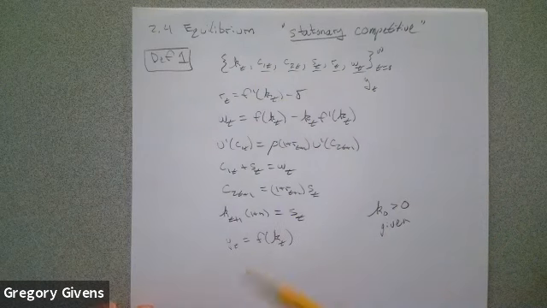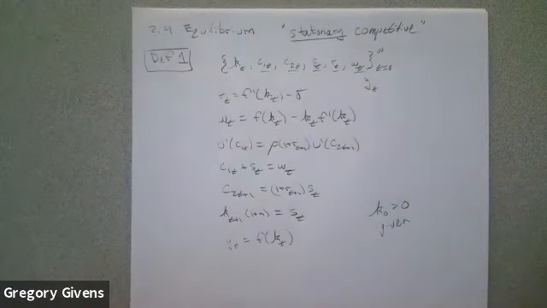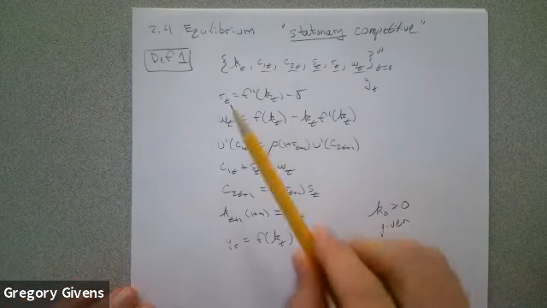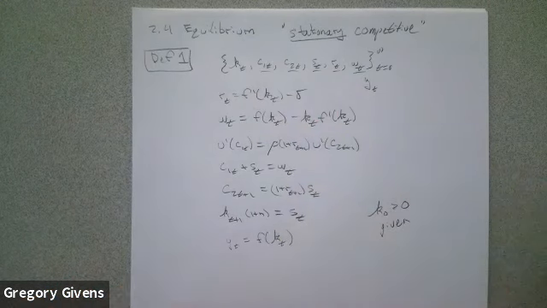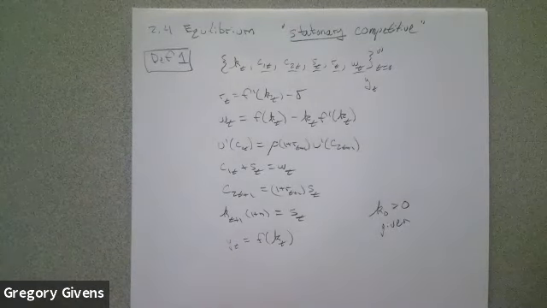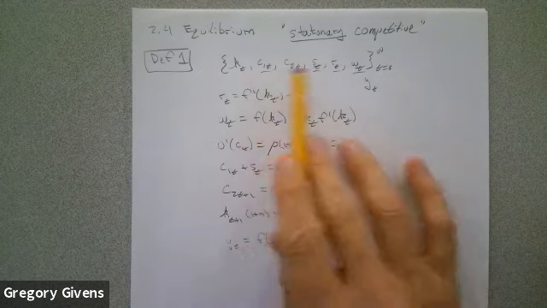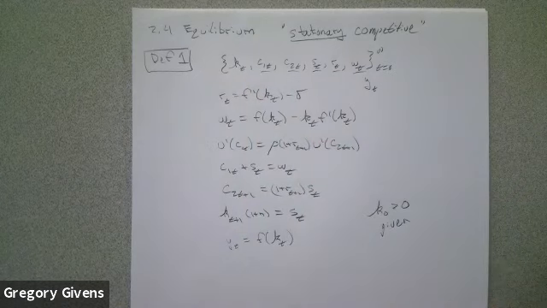Or alternatively, you can simplify it. You can perhaps take R and W out of the equations by substituting them in elsewhere, and write it only as a function of C's and S's and K's. I don't really care how large or compact your definition of an equilibrium is. You just need to have the same number of objects you're solving for as you have equations. It needs to be identified.